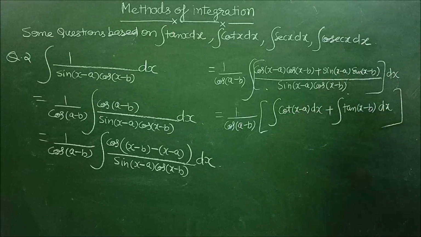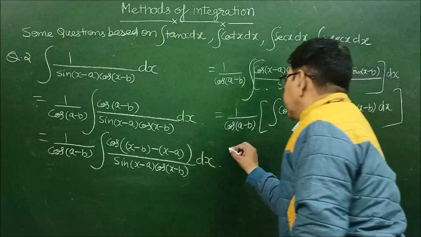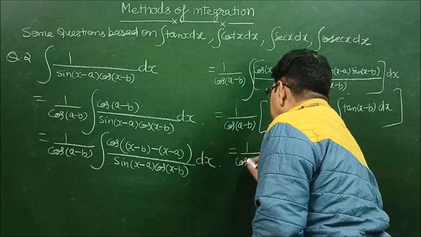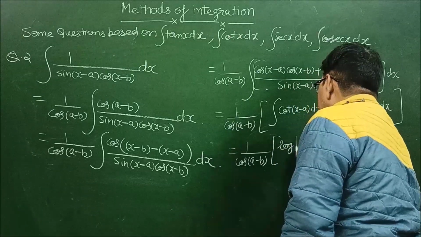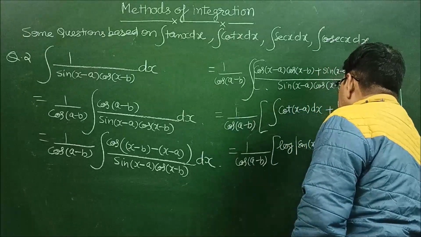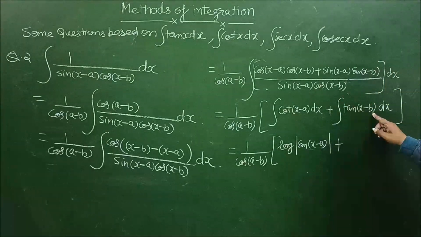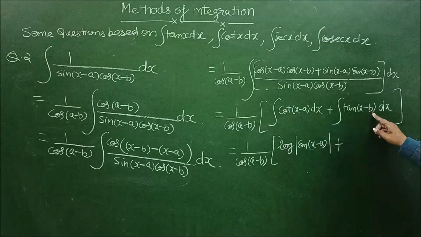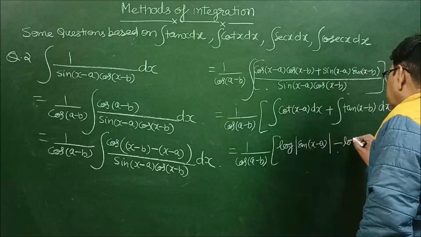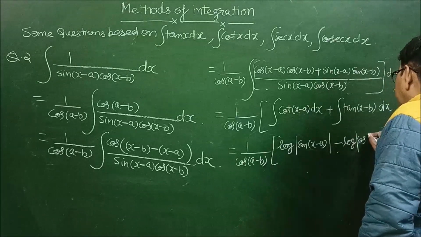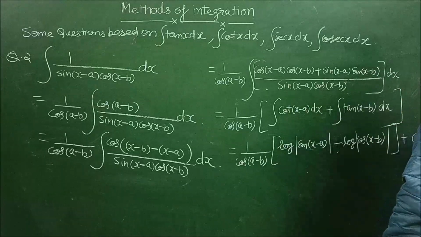Now cot(x minus a), using the formula of cot x, is equal to log mod sin(x minus a), plus the integral of tan(x minus b) is equal to minus log mod cos(x minus b), plus c.